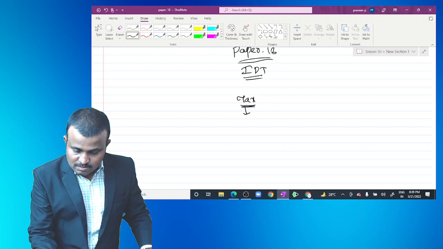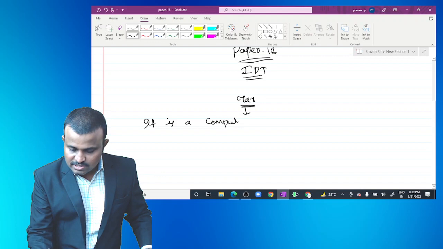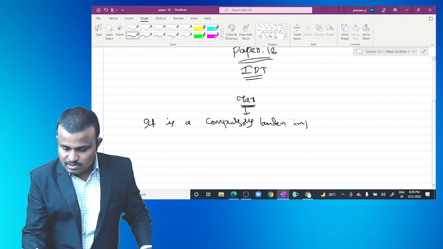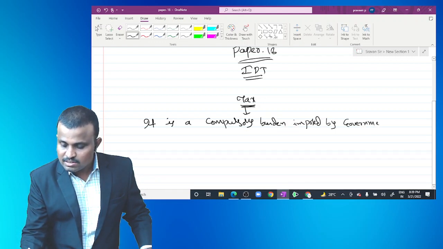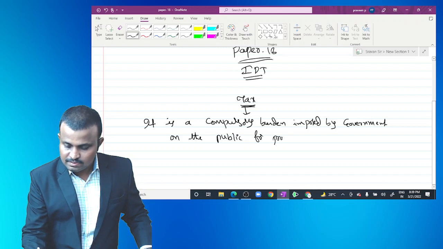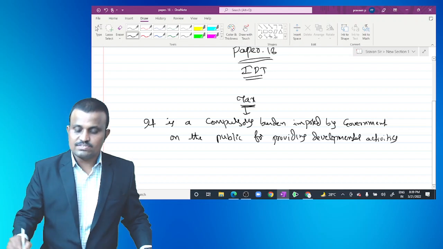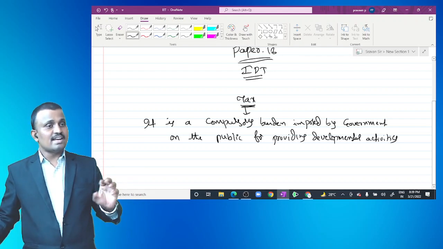So tax is nothing but a compulsory burden imposed by the government on the public for providing developmental activities. So this is what is meant by tax.